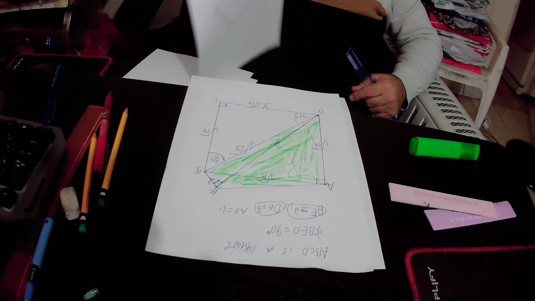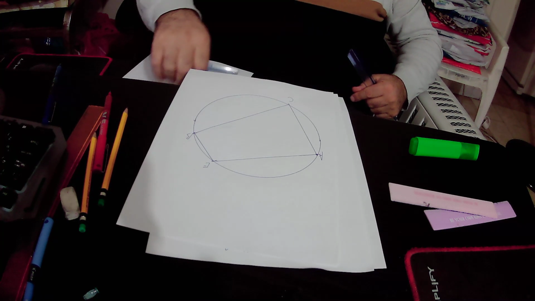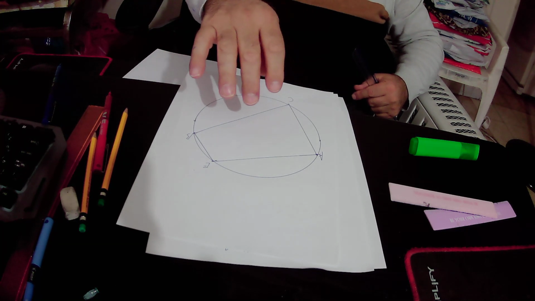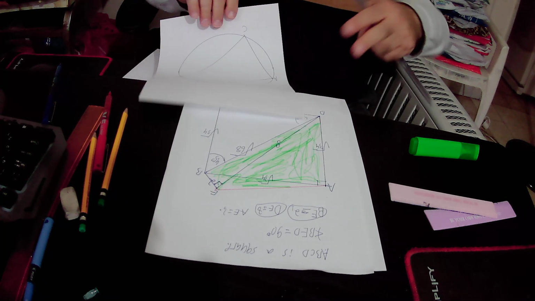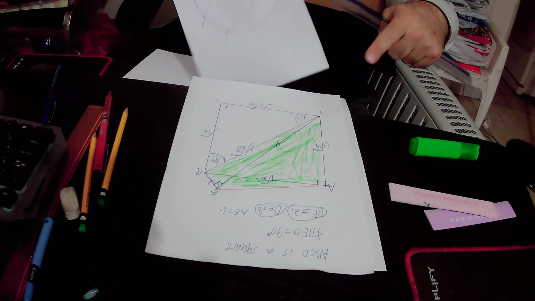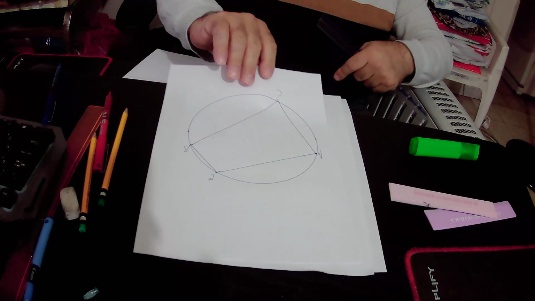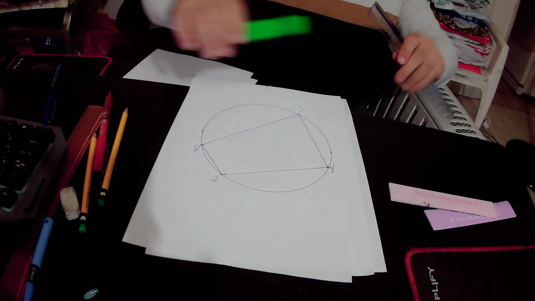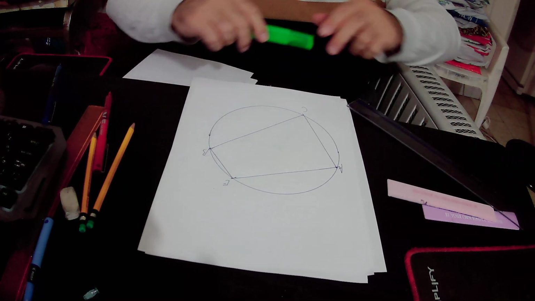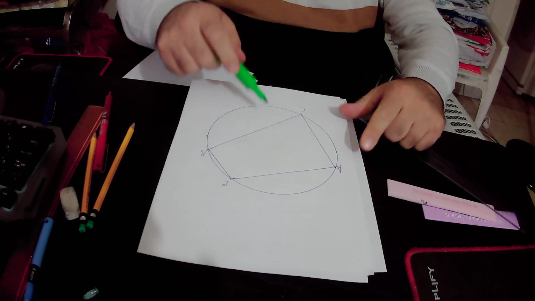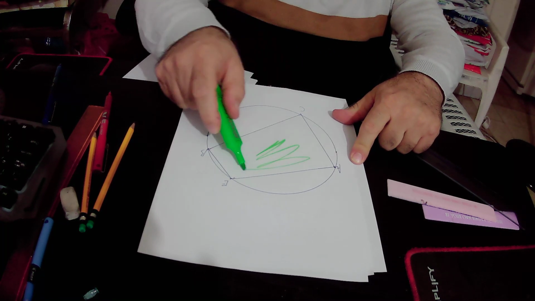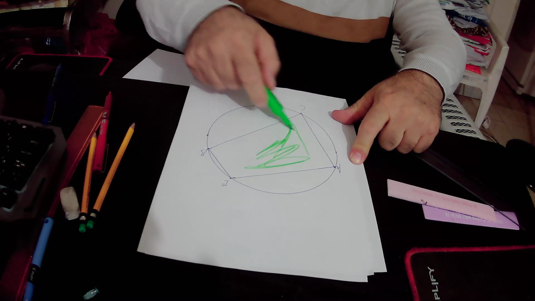So I will also paint quadrilateral AEBD in the green color, exactly like in this drawing, in order to emphasize that it's the same quadrilateral AEBD in the green color.